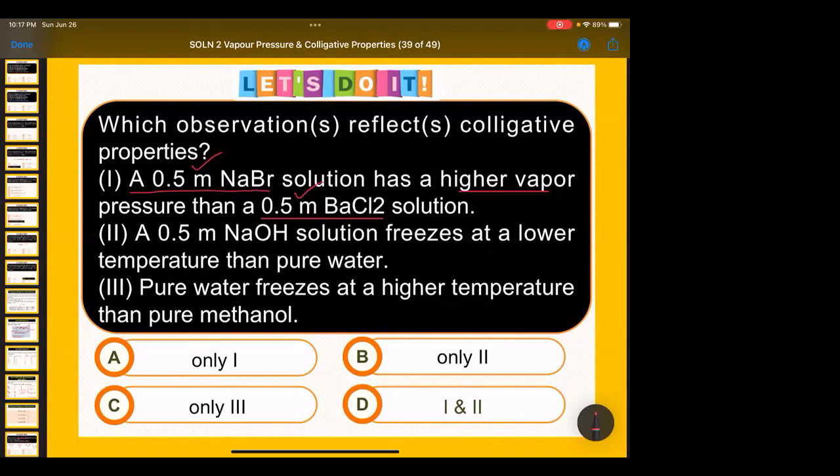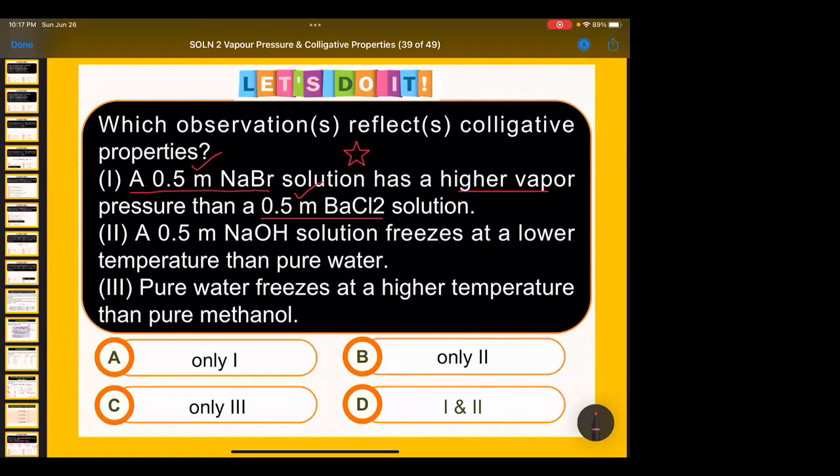So the vapor pressure is less for barium chloride and more for NaBr. The difference in the vapor pressure, in spite of the same number of formula units, is due to the effective number of ions formed after dissociation. So that is a colligative property. Is it clear, Samara? Yes, sir. It is a colligative property.